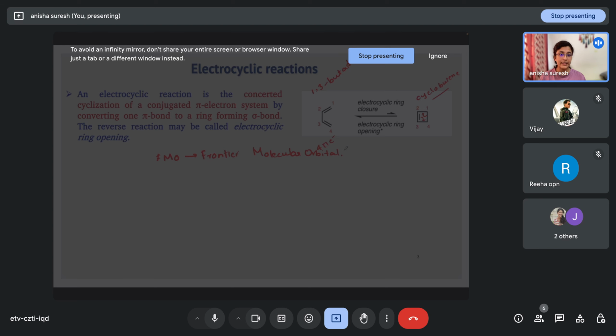The other two methods are the transition state aromaticity method and the orbital symmetry or orbital correlation method. Now coming to how the pericyclic reactions are defined for 1,3-butadiene under thermal condition and photochemical condition, that we will be discussing. Before that, we should know what the frontier molecular orbitals for 1,3-butadiene are.